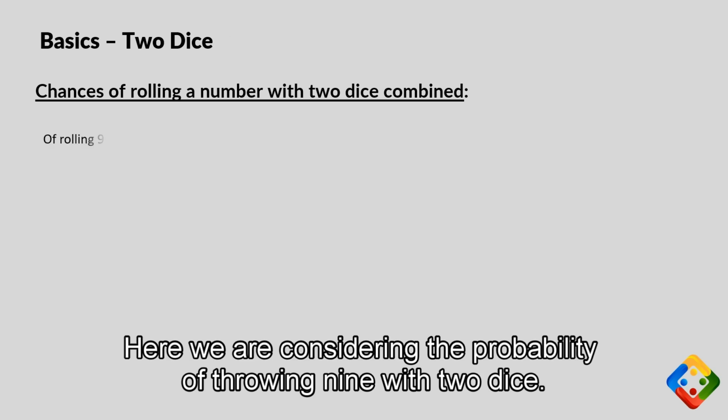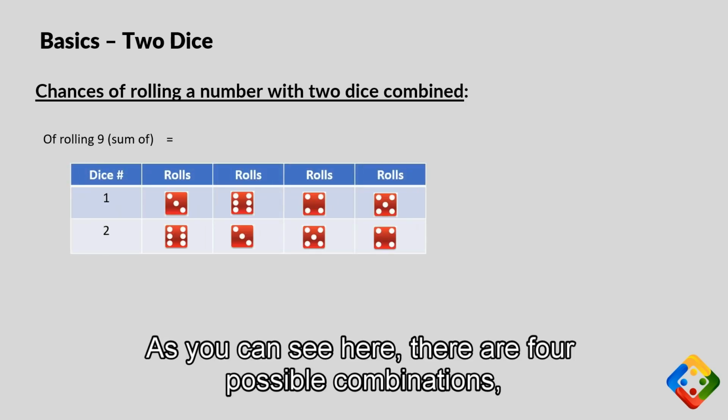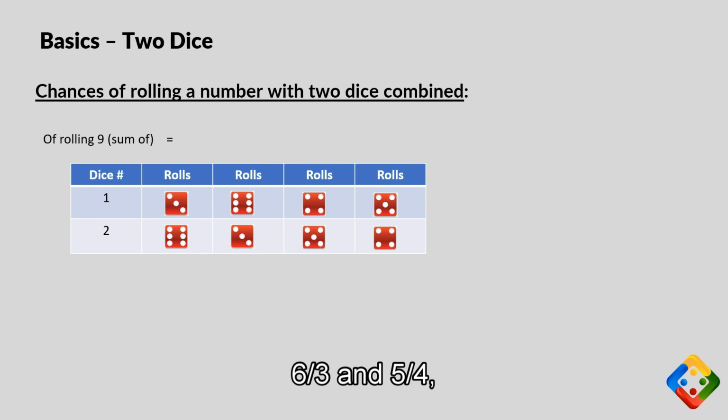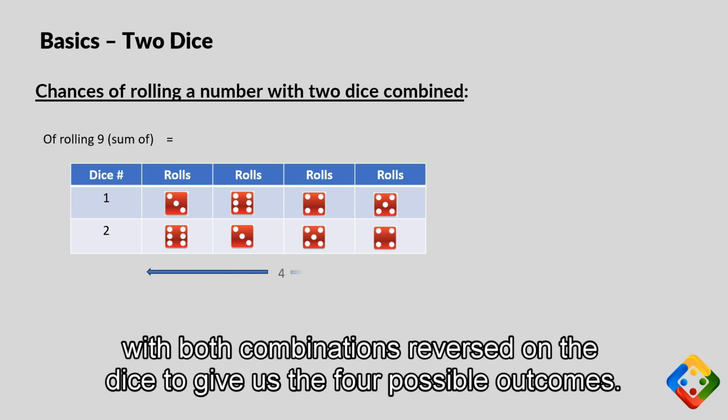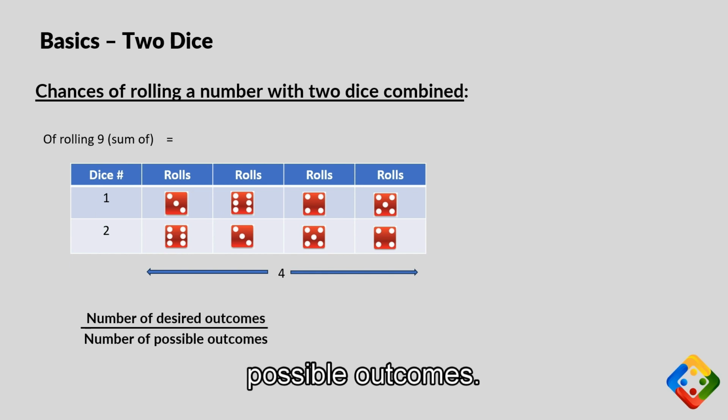Here we are considering the probability of throwing 9 with 2 dice. As you can see here, there are 4 possible combinations, 6-3 and 5-4, with both combinations reversed on the dice to give us the 4 possible outcomes. The formula is the number of desired outcomes divided by the number of possible outcomes.